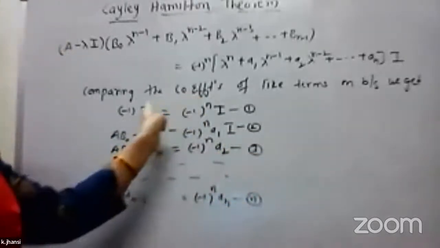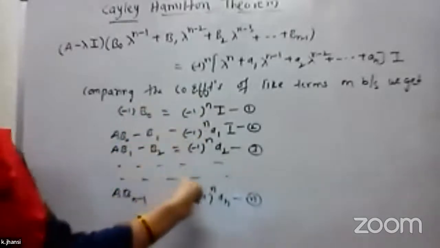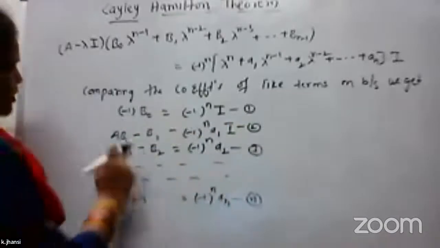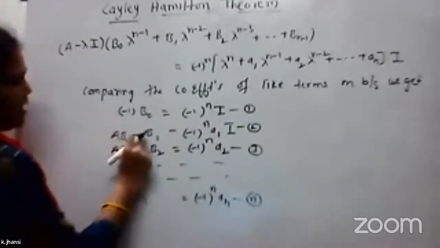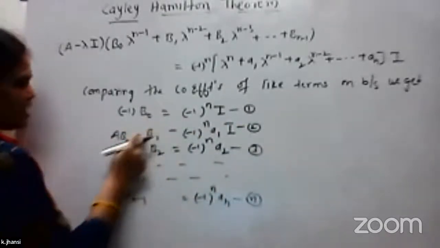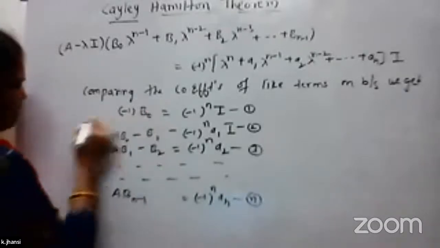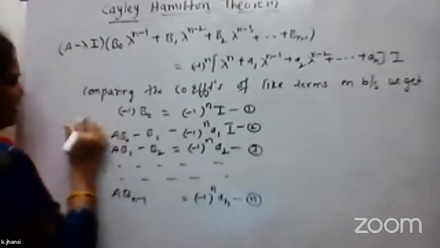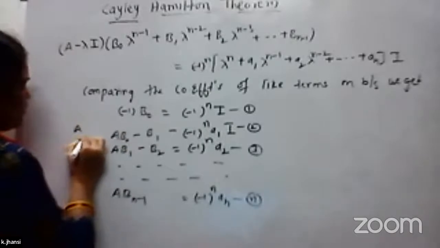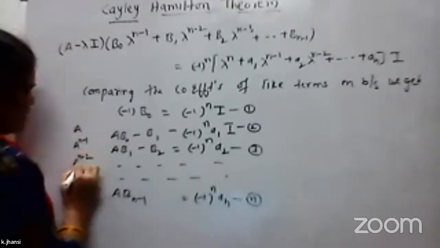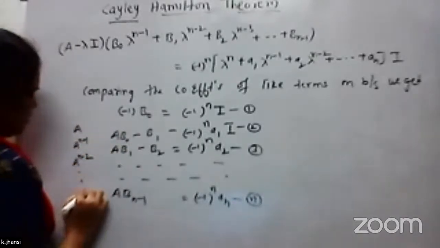If you multiply all the equations you are getting with these and add them, you see here a b naught is there, minus b1. Next, you are multiplying with a, a to the power of n minus 1, a to the power of n minus 2, and so on up till a to the power of n.